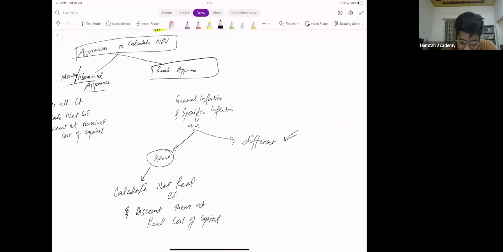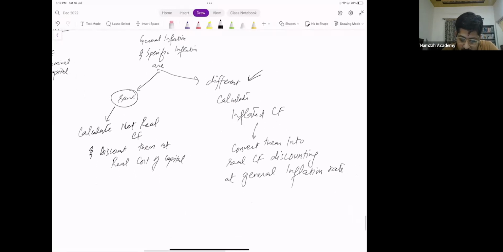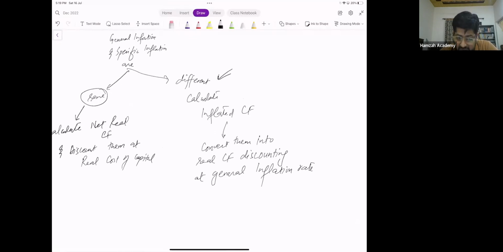Now here is some mess. Calculate pre-tax inflated cash flows, convert them into real cash flows by discounting at the general inflation rate.